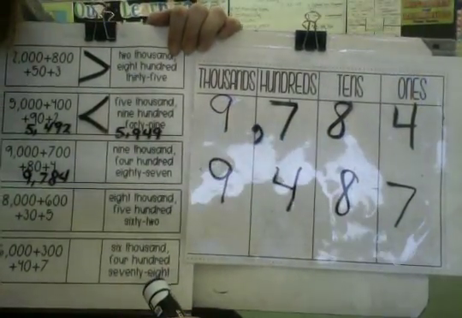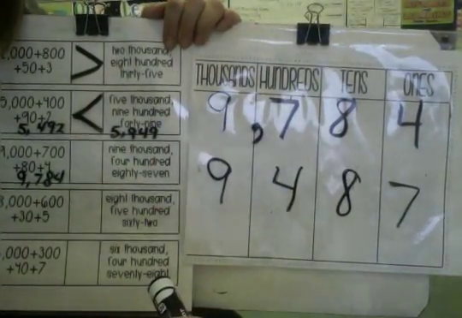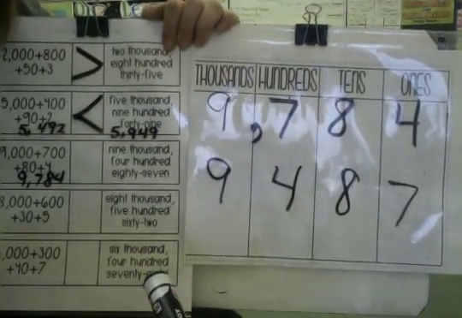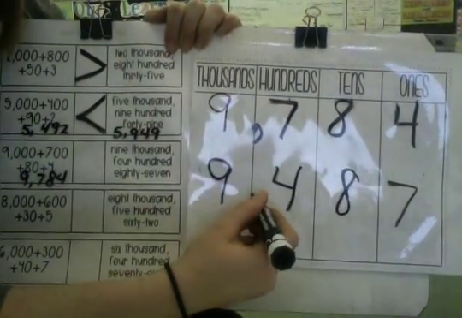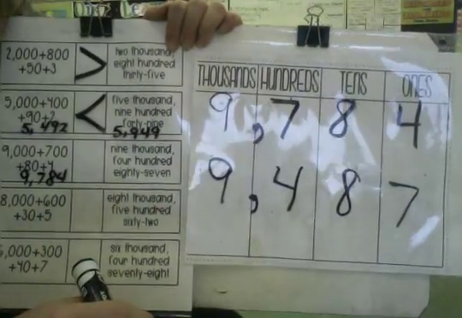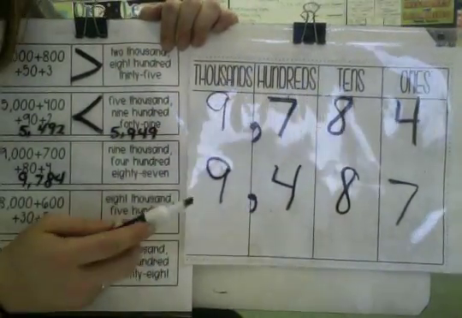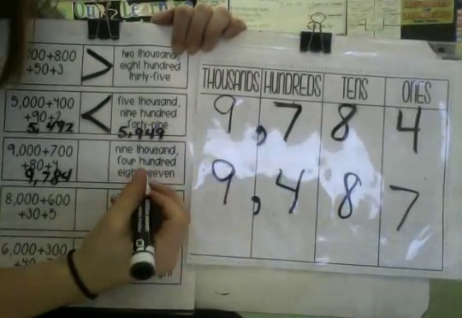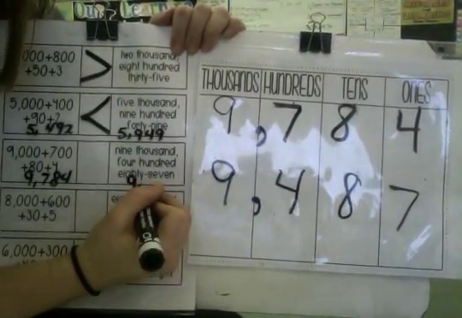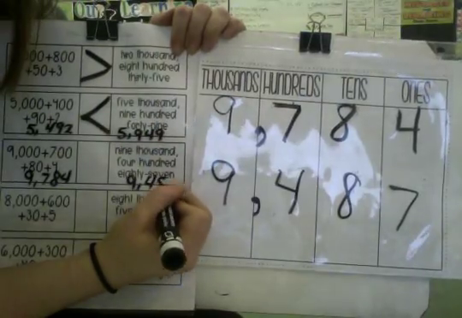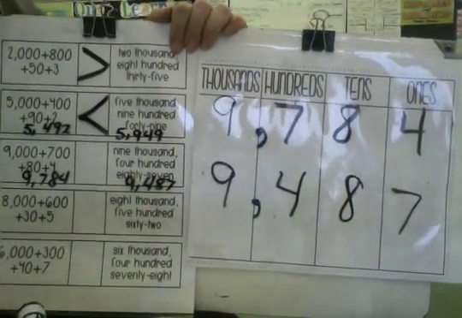If you did, give yourself another little pat on the back. And the other side so it doesn't get jealous. Always remember your comma. 9,487 looks like this in standard form. Write it underneath your word form, please. 9,487. And try not to cover your words like I did.